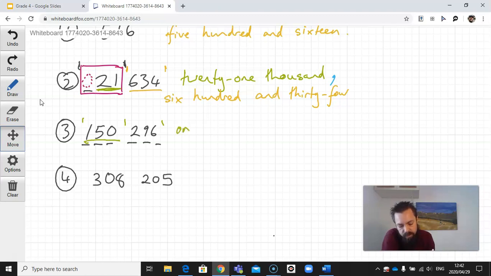So 150, and the name of the house, 1,000. Then we comma to separate the houses. Now we're into our units house. I can read this number, it's 296.